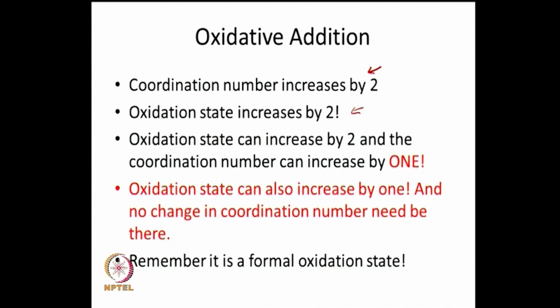For example, you can have an oxidation state of 1 and you have an oxidative addition reaction. So, you can have a coordination number increase that was also 1 or 2, and the oxidation number can also change by 1 or 2. Remember that it is a formal oxidation state that is going on during the course of this reaction. It is not a real oxidative addition.